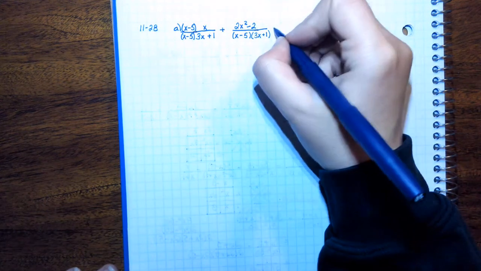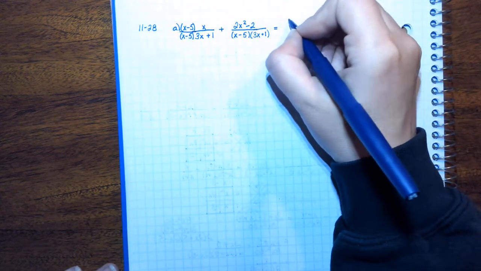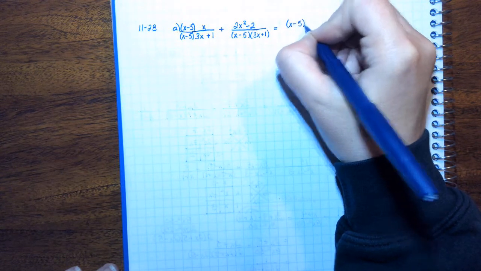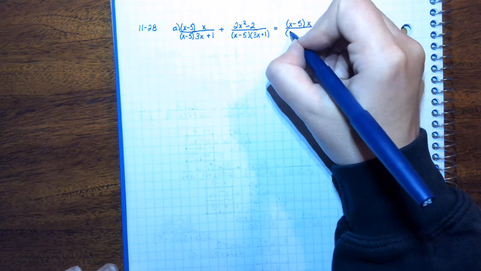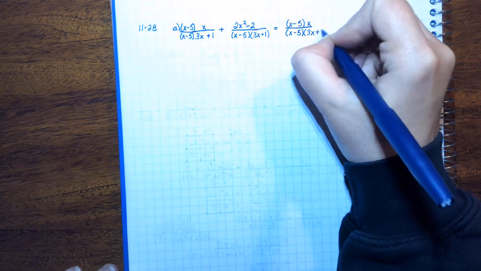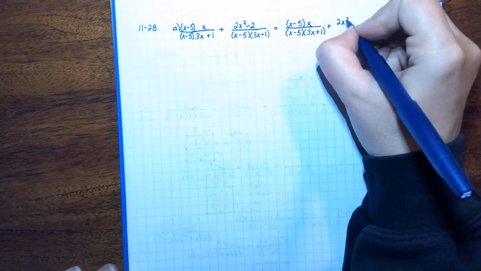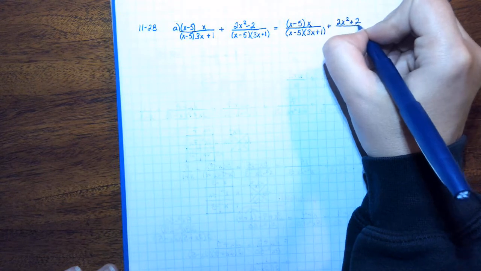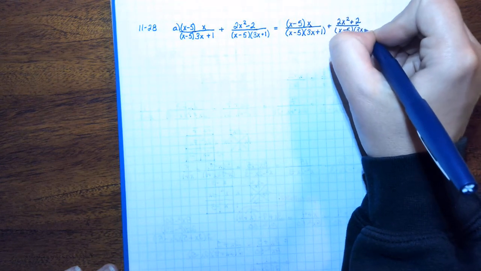So now I have x minus 5 times x over x minus 5, 3x plus 1, plus 2x squared plus 2 over x minus 5, 3x plus 1.